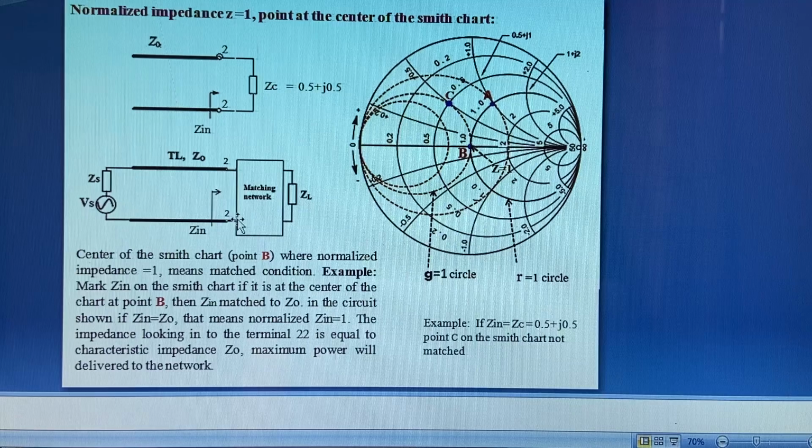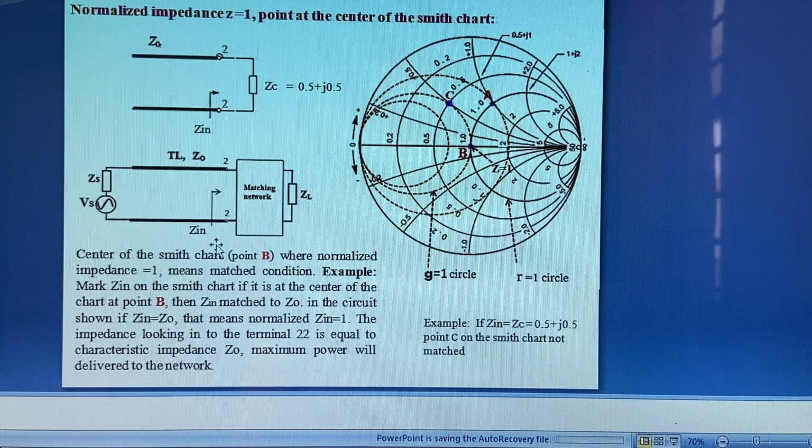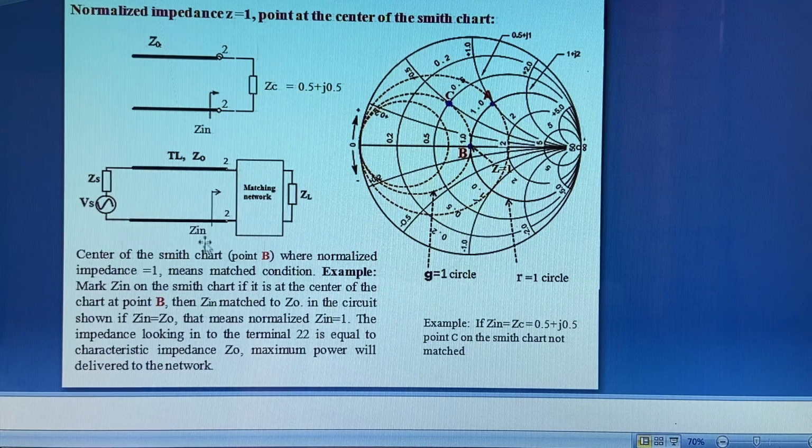That is a matched condition. No reflection will take place from this point. So any impedance looking into the terminal, if it matches here, then that is a matched condition.